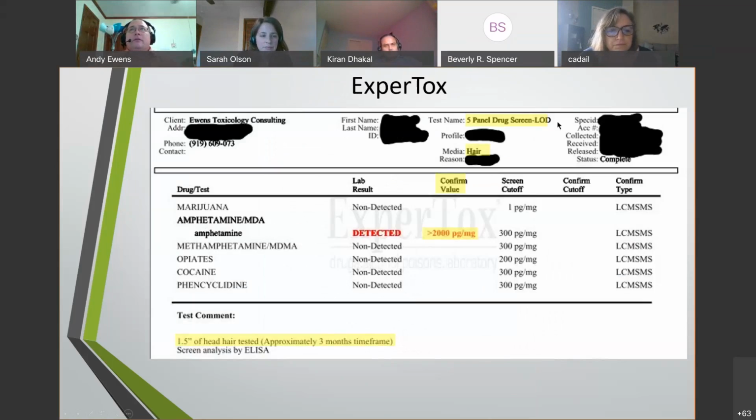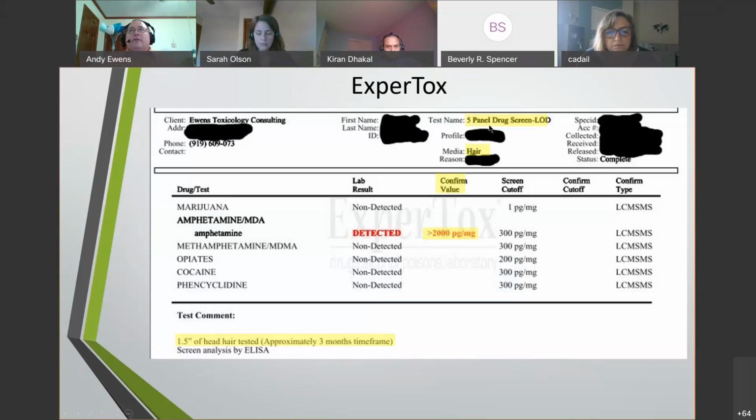So this one is from ExpertTox. It shows you the test name. This is a 5-drug panel screen. This was run at LOD, the limit of detection. So that pretty much means that if they find anything, they are going to report it.